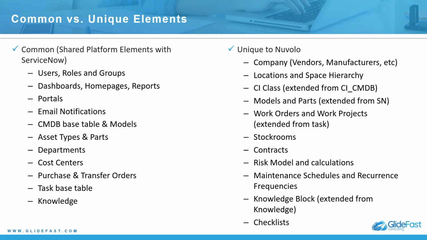Maintenance schedules, recurrence frequencies. Again, I'm going to show you this. They have something called knowledge block, which is extended from knowledge. I haven't looked at it that much. I just know that it's a unique table. And then finally, checklists as well. So it's kind of a combination of common things as well as scoped app pieces.